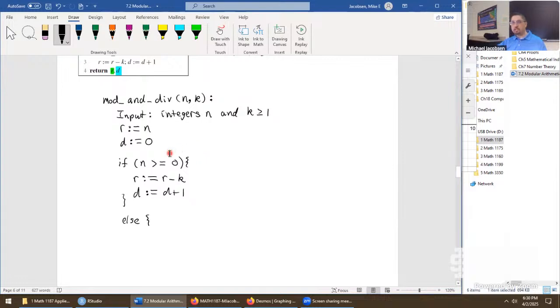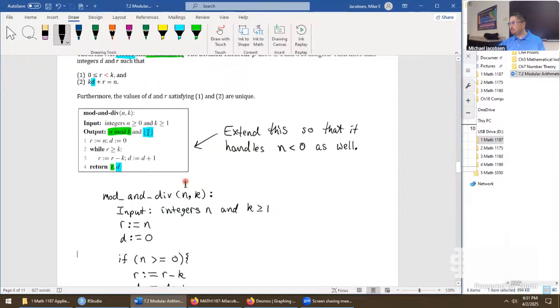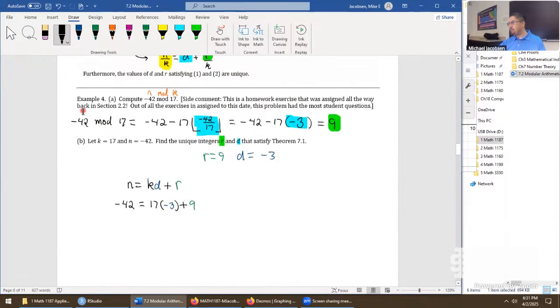We don't need to write a condition. This will just be strictly now for negative values of n. So what do we do if n is negative? Essentially the opposite thing. We set r defined to be r plus k. We start adding values. So when we were looking at this one right here with negative 42 mod 17, we start adding 17 to negative 42. We added it 3 different times.